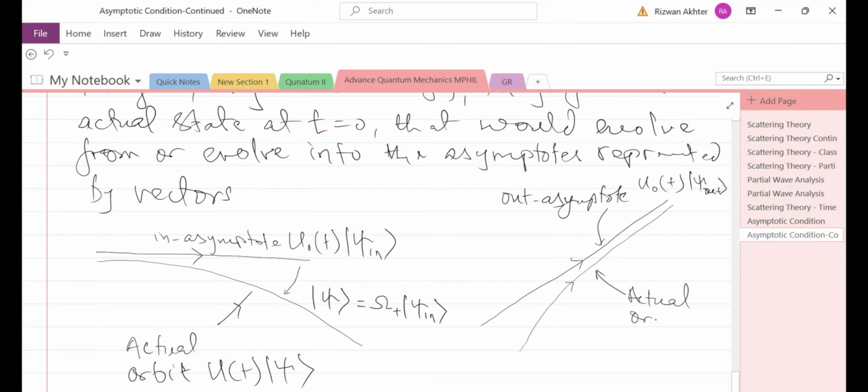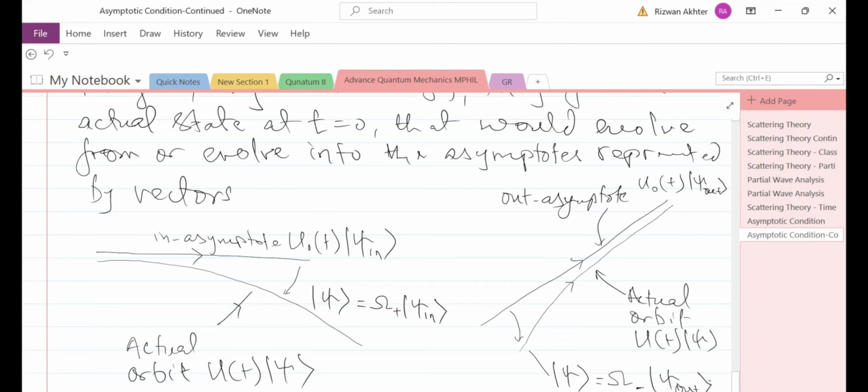And this is in fact the actual orbit, which is u of t of psi. So we have this psi minus psi out.